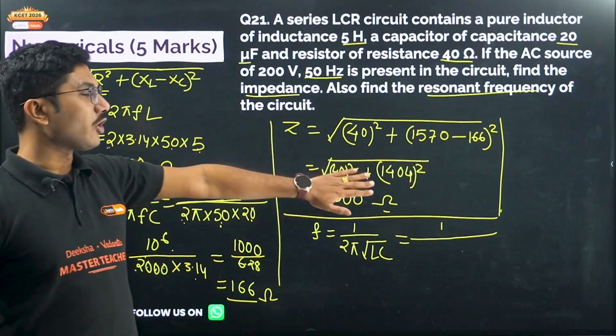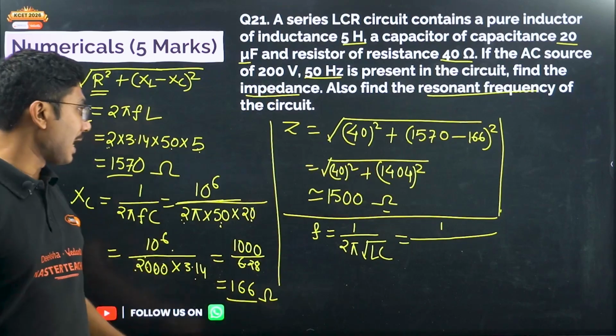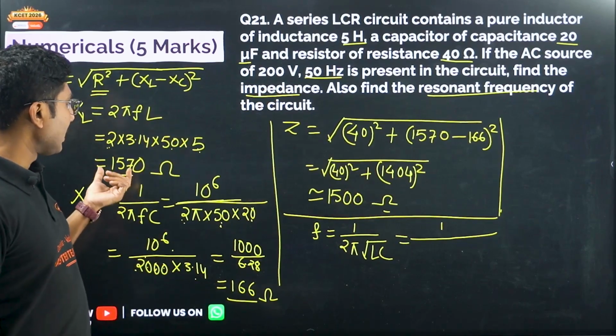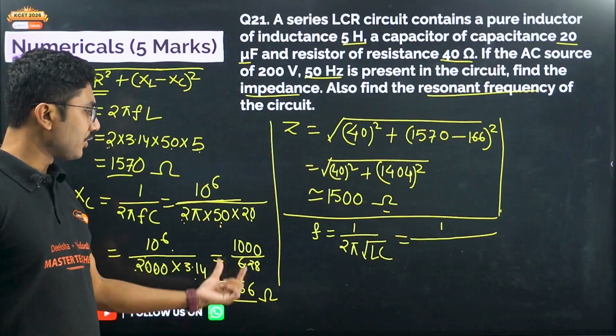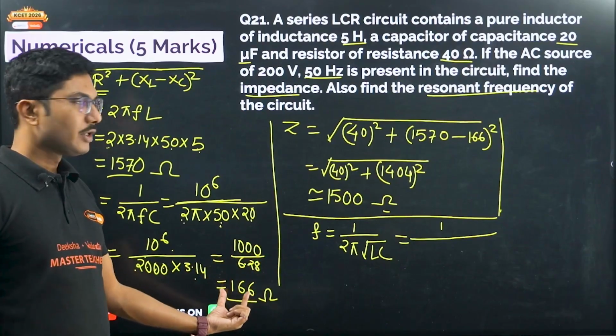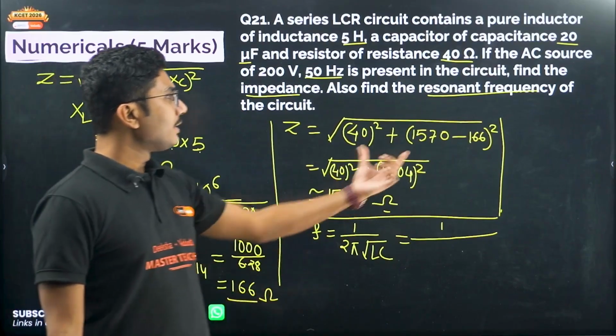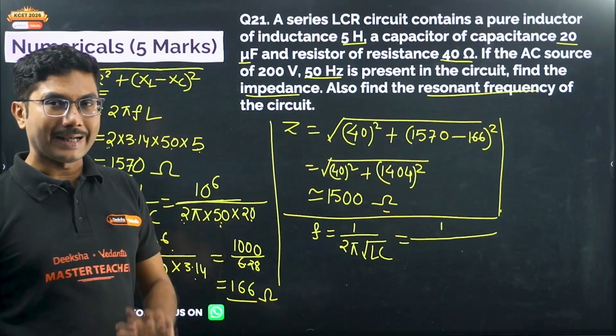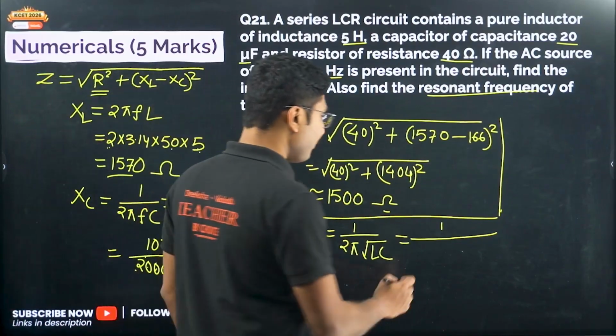So whenever you are solving it, try to use the calculator at the last step. Don't use the calculator at the beginning, but after you have figured out the steps, use the calculator at the last stage. Calculator use is mandatory to solve questions from this chapter.